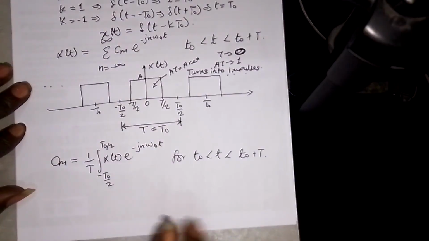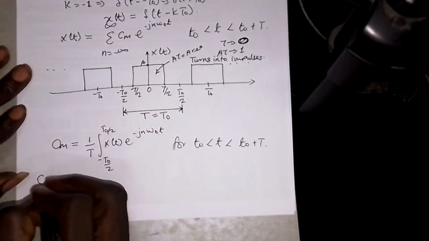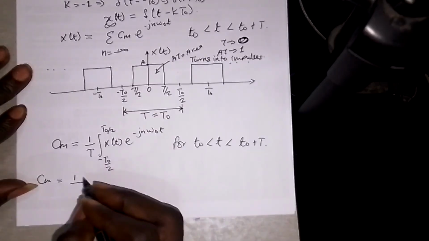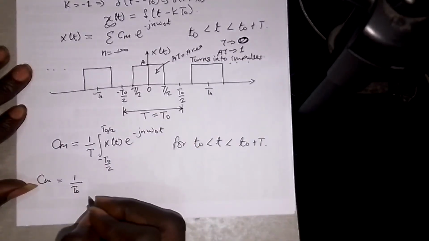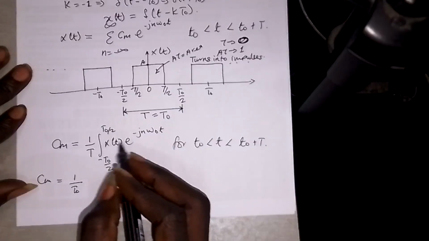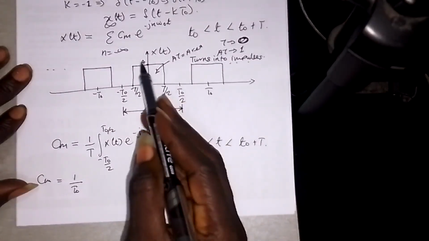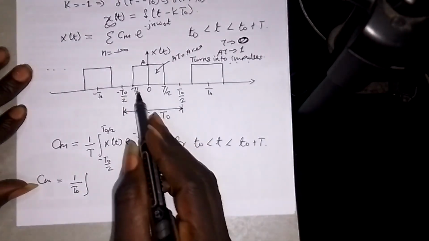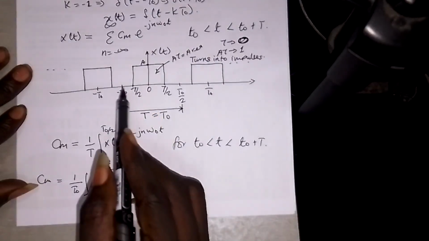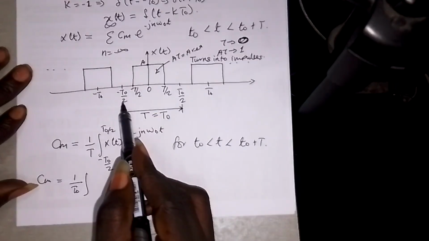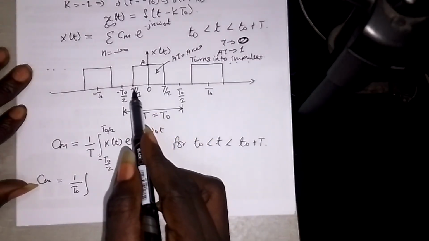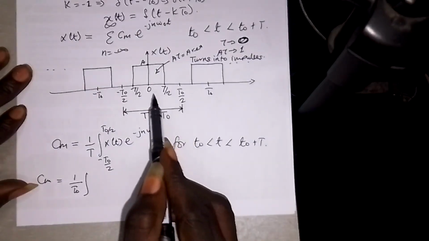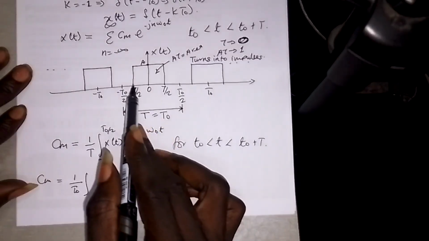Now if I put in my values, I get 1 over what was the period? My period was T naught. And then what is my x of t? In this particular case, x of t becomes A. And when is it really occurring? My period is from minus T naught on 2 to T naught on 2, but my pulses are occurring at minus tau on 2 to tau on 2. You have to be very mindful of when your actual pulses are occurring.